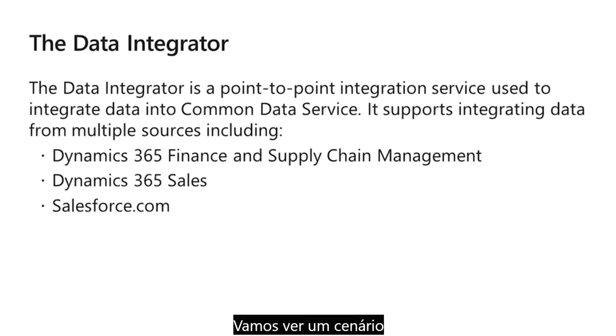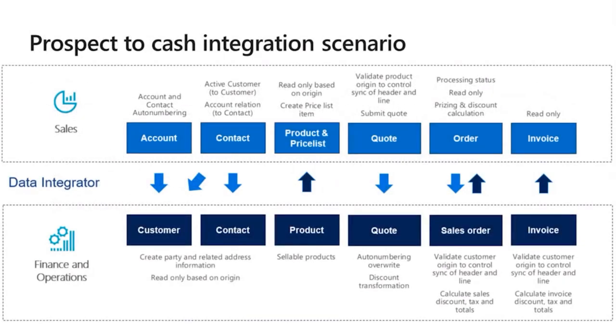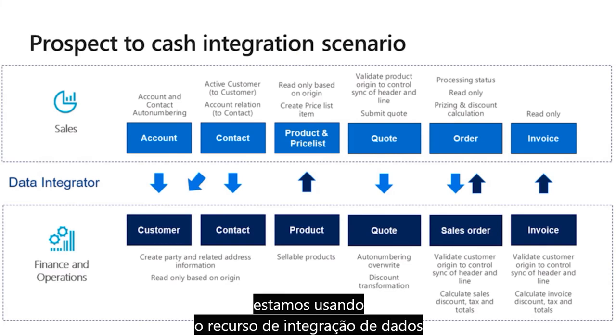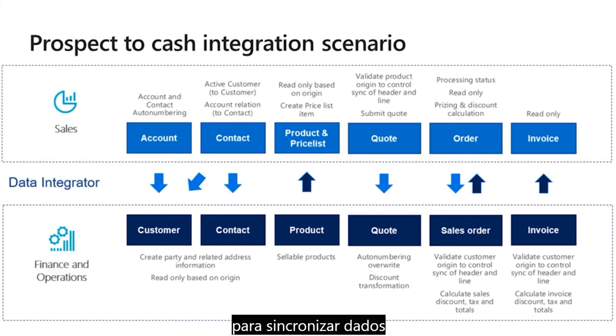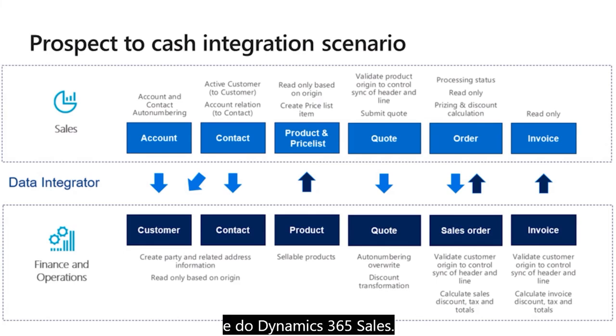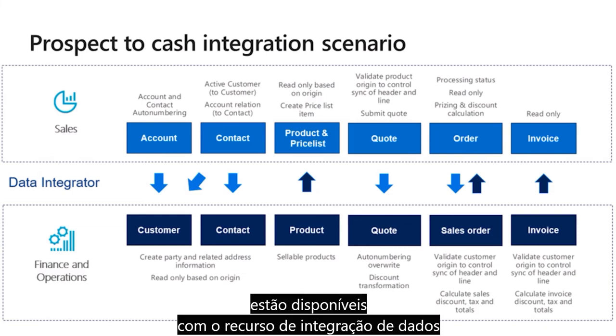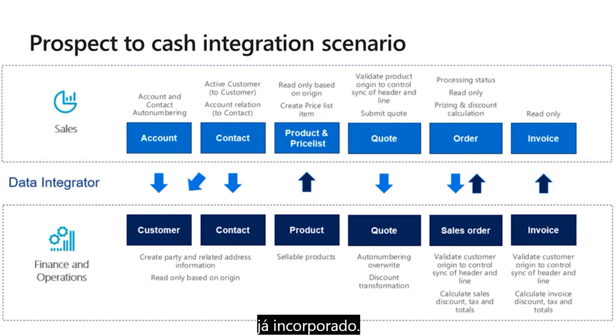So let's actually look at a scenario that we looked at earlier, and that's that prospect to cash scenario. In that prospect to cash scenario, we're using the data integration feature to synchronize data across instances of Dynamics 365 Supply Chain Management and Dynamics 365 Sales. And this is really easy because the prospect to cash templates are available with the data integration feature already built in.